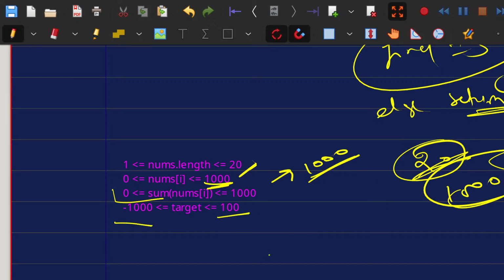Okay. So if target is 1000, and we are subtracting from target, we can subtract till 1000, it will go to 2000, right? Minus, and the target is plus, then subtracting, and also we are getting plus in this.